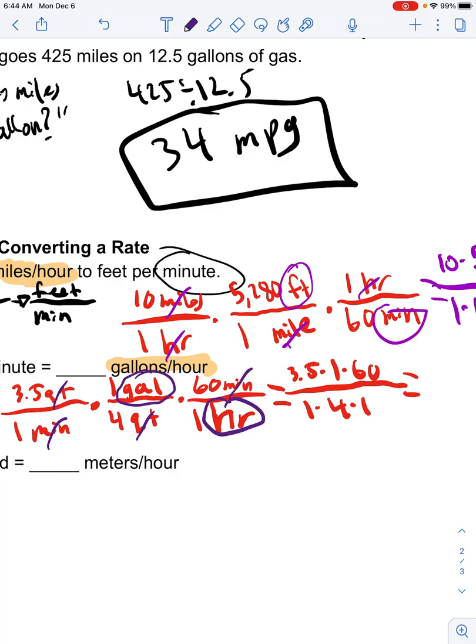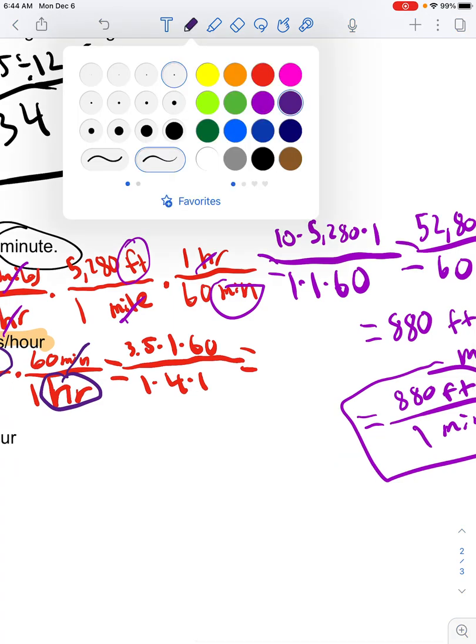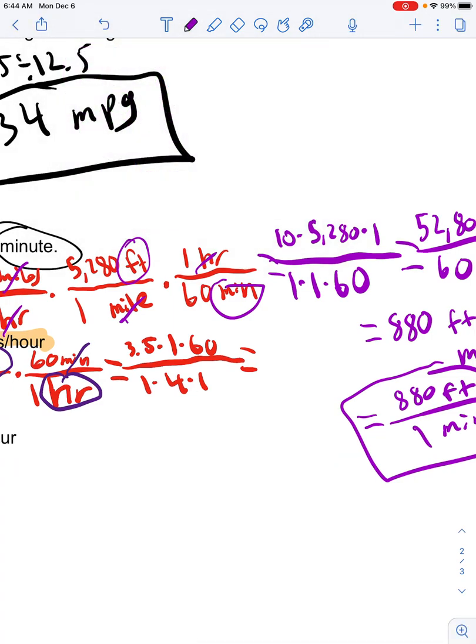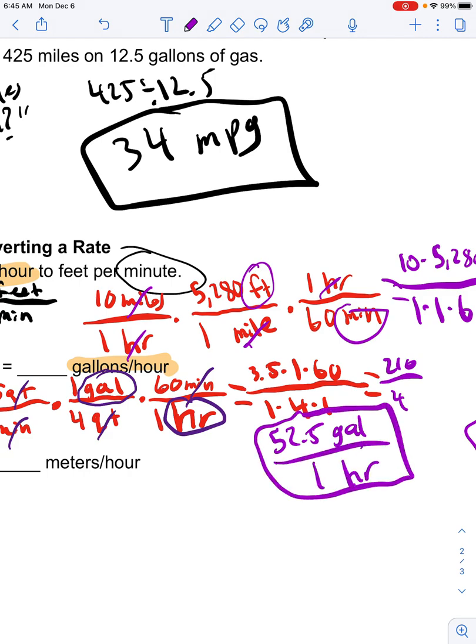I'm left with gallons per hour, which is exactly what we wanted. 3.5 times 60 is 210. And 210 divided by 4 gives us 52.5. So our answer is going to be 52.5 gallons per 1 hour.